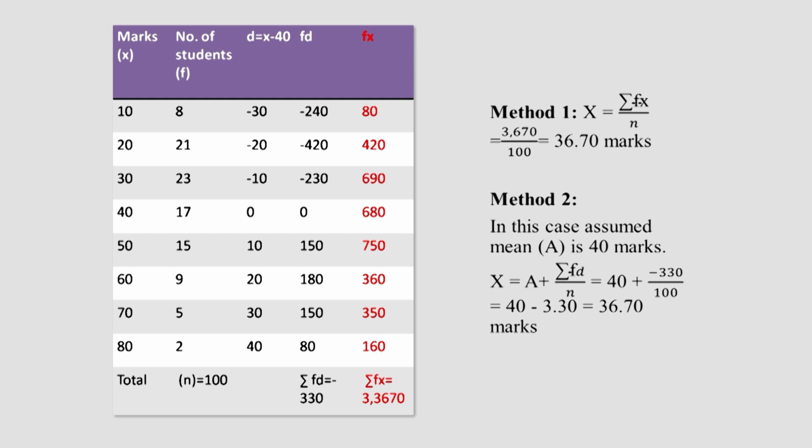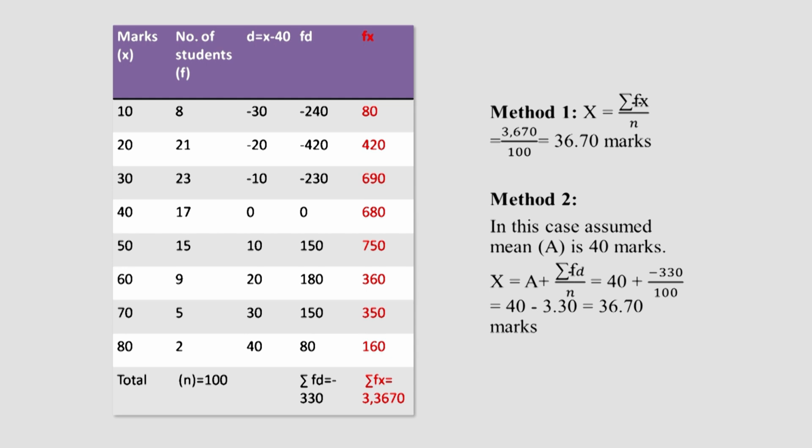Now you have to multiply this D with F and find FD, that means frequency into deviation. Rather than multiplying F into X, in this method you calculate the deviation of X and then multiply F into D.